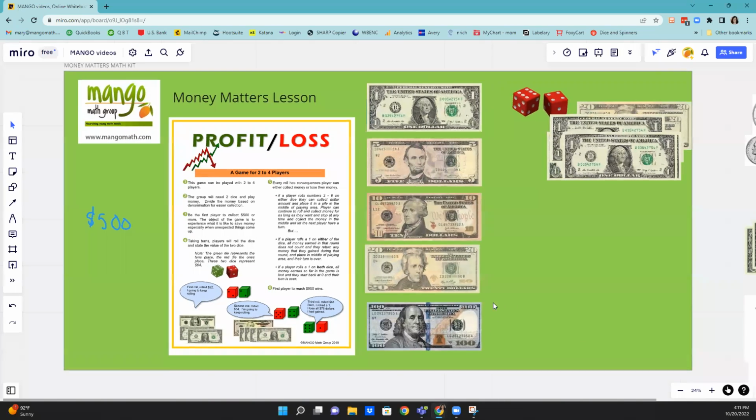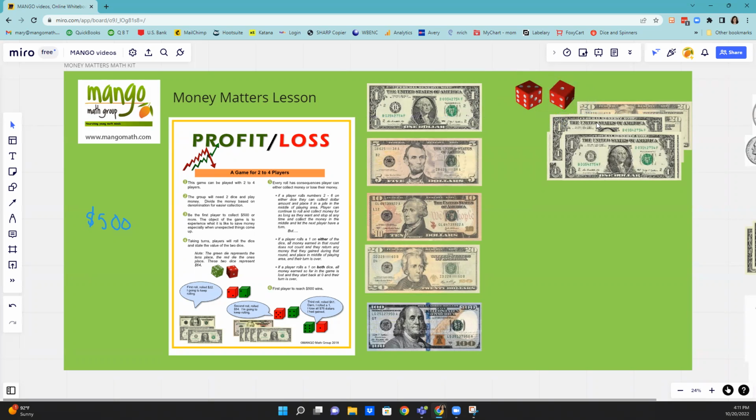Now they have a choice. They can keep rolling, or they can stop there and hold that money, and that's their money towards that $500. If they choose to roll again, and let's say they roll a 3 and a 1 in their next round of rolling.